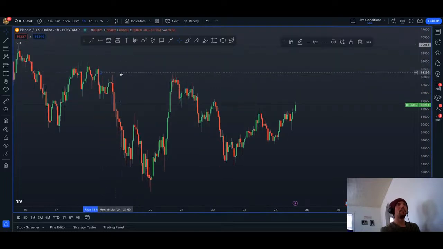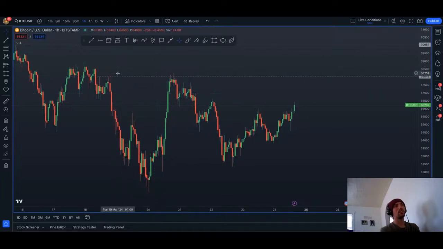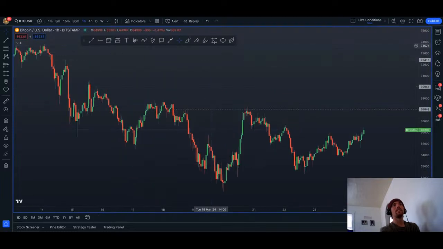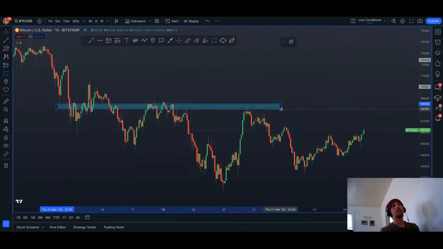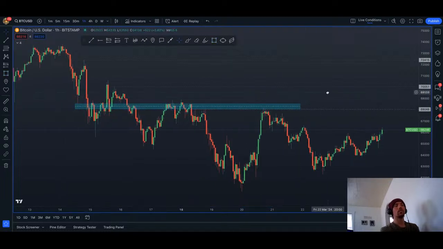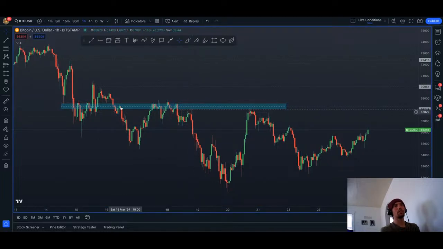And then, if I'm not mistaken, it wicked up here and kind of took this little area out. But again, read between the lines. Look for stuff. We've got a clear resistance in this area and a huge support.